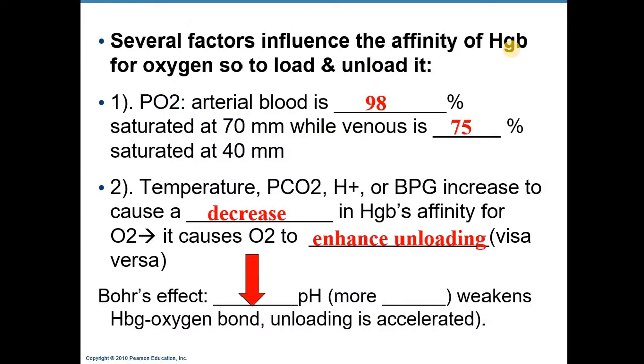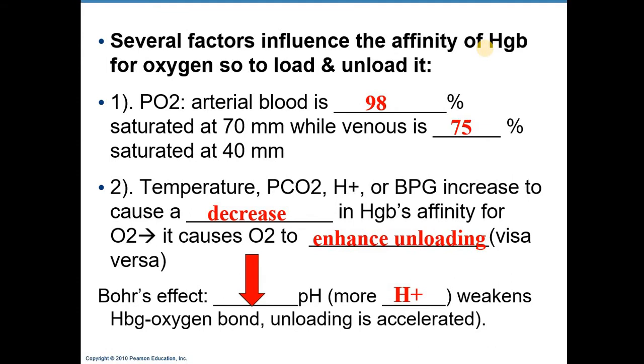Here you can see several factors can influence binding of oxygen to hemoglobin. Arterial blood is 98% saturated, and venous is 75% saturated. Temperature can affect it. The partial pressure of carbon dioxide can affect it. BPG, that's not something I expect you to know, but it's an organic chemical, and it causes a decrease.